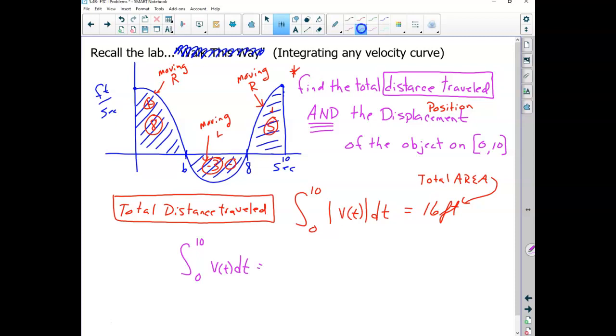This is going to equal displacement of the object from its, no apostrophe, I'm great at English, from its starting point.